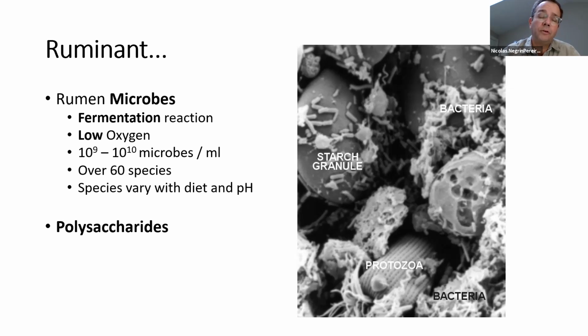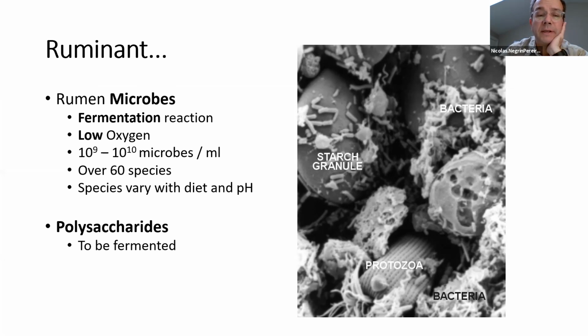And also the control of the species is important, sometimes for preventing bloat, or the excess of gas production in the rumen, where the animal can have difficulty eliminating all this gas by eructation. This is done by some compounds called monensin, for example, which is an ionophore used for the control of that and to lower the production of gas.